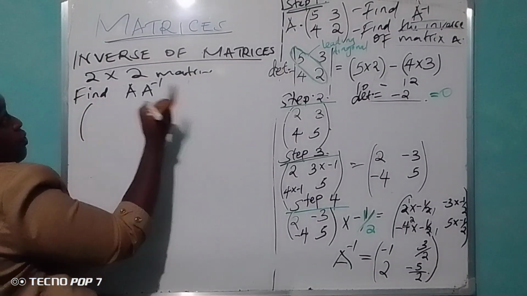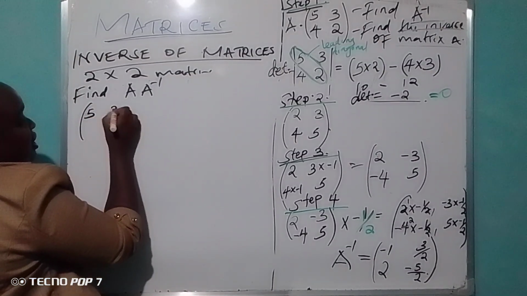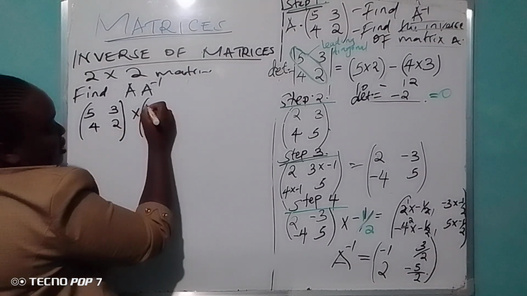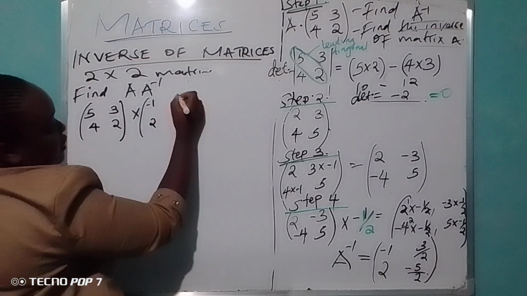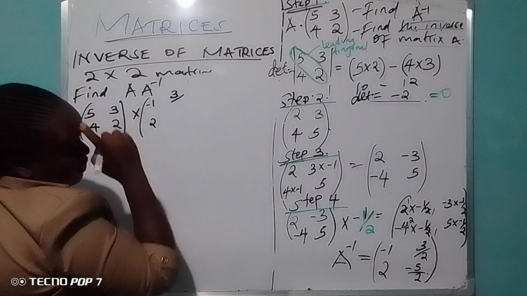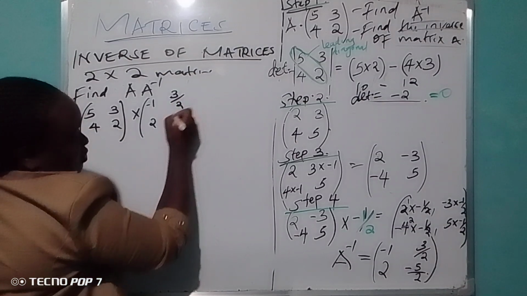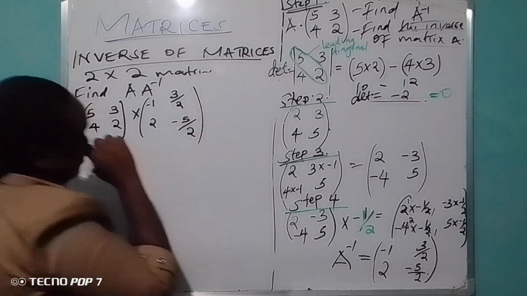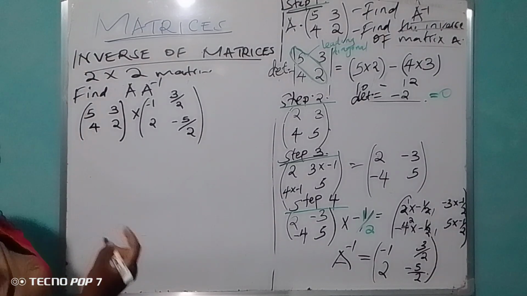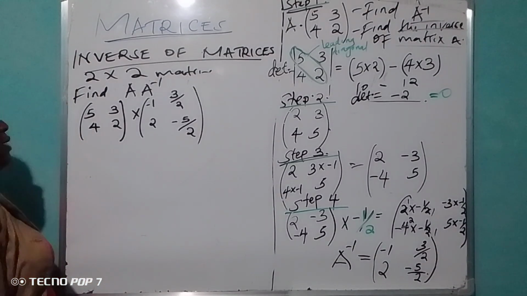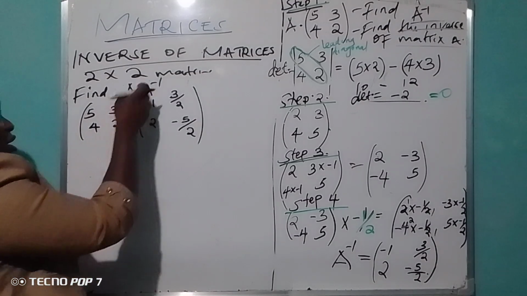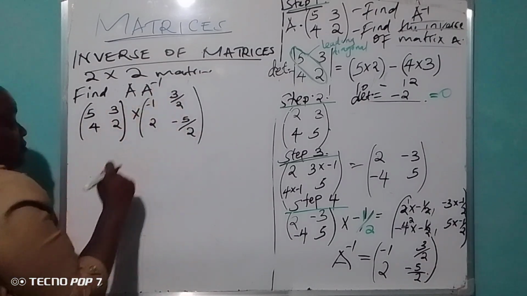So matrix A is 5, 3, 4, 2 times -1, 2, 3 over 2, then -5 over 2. So when you are multiplying, we said you multiply a row, each column. Row, each column, row, each column.